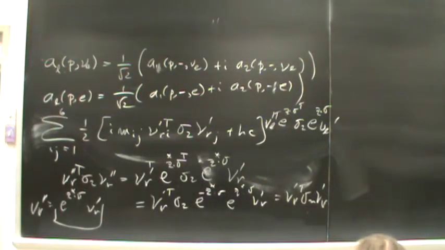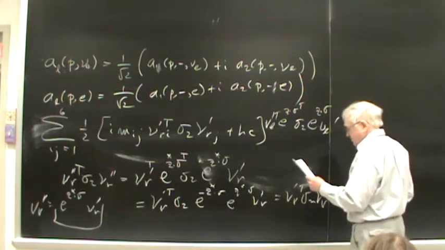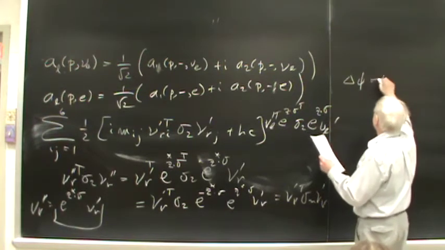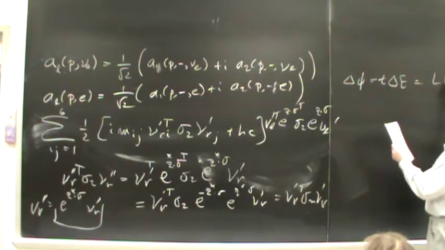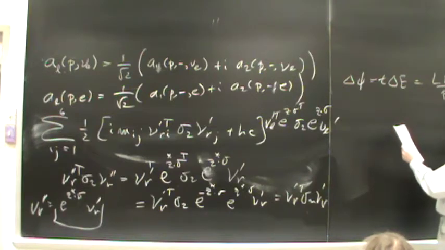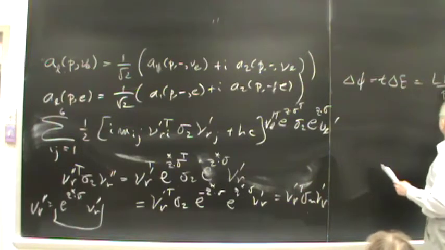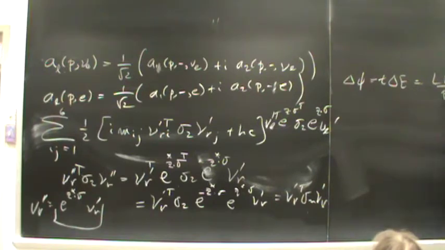The way we know that there are masses is the seesaw mechanism, and the idea is that the phase, as you go along, the change in the phase is t times the change in the energy, and that's L E over p times the change in the t. E over p is the velocity, and the distance divided by the velocity is the time.